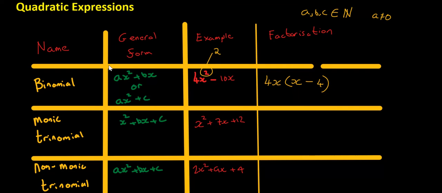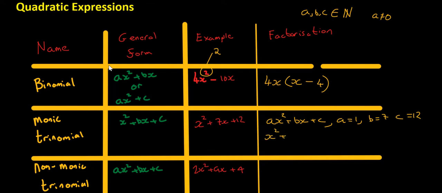Okay, so this is called a monic trinomial. We could add quadratic in there, but that is represented in the title. So we compare this to the general form, ax squared plus bx plus c. And we have a is equal to 1, b is equal to 7, and c is equal to 12. Let's write this down again.